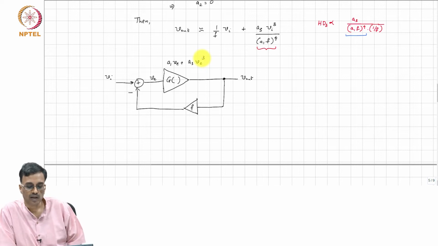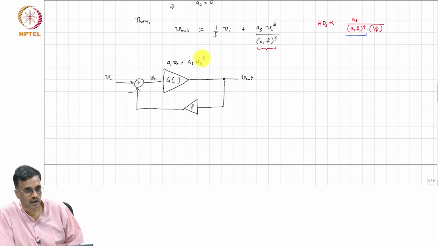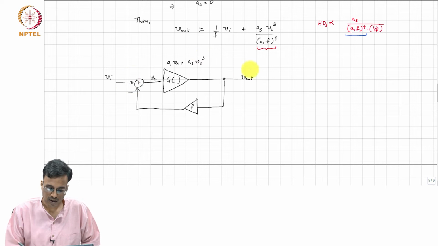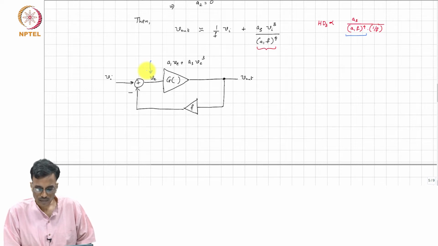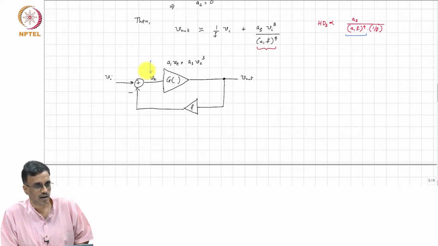So basically, when you increase A1, think about it this way: the error voltage here is approximately the output voltage divided by A1, correct?